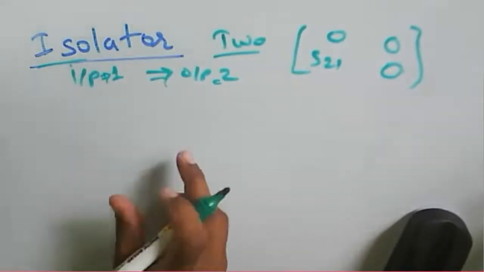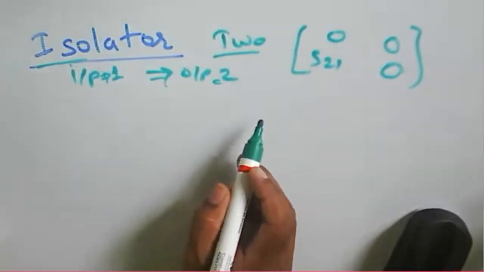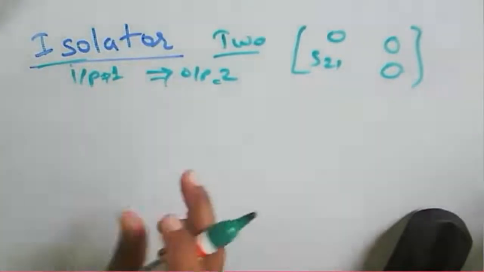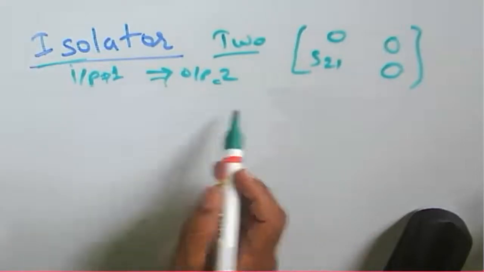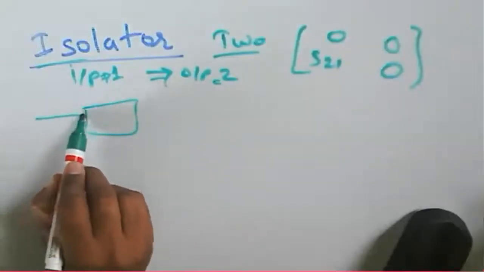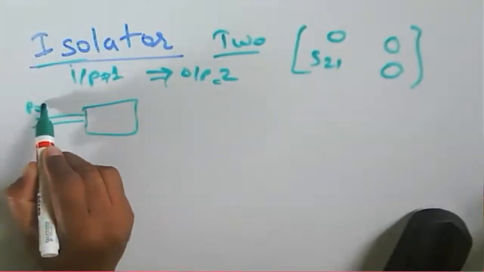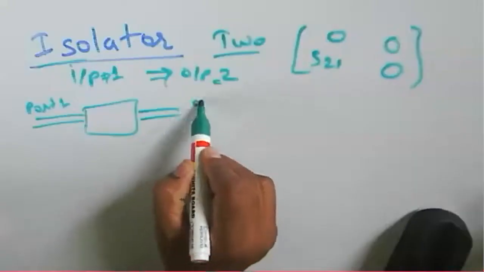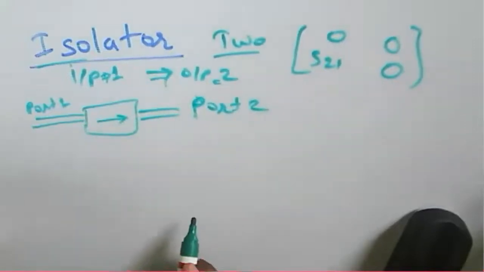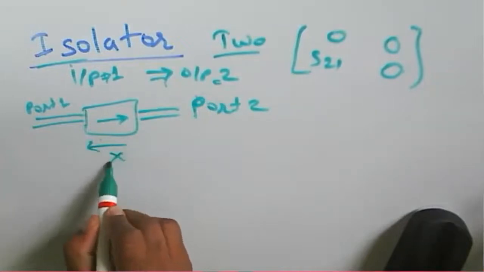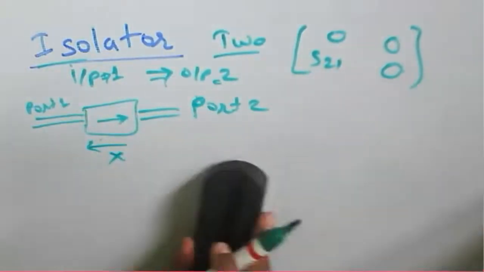Only in one direction does it allow the power to propagate, and there is no transmission in the other direction. For the isolator, this is port 1 and this is port 2. It propagates the power in only one direction. There is no coupling of power at port 2.